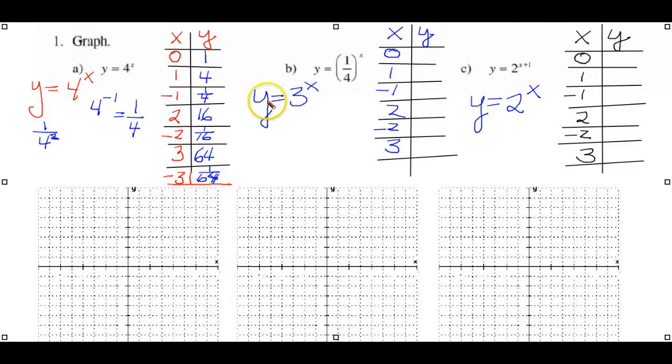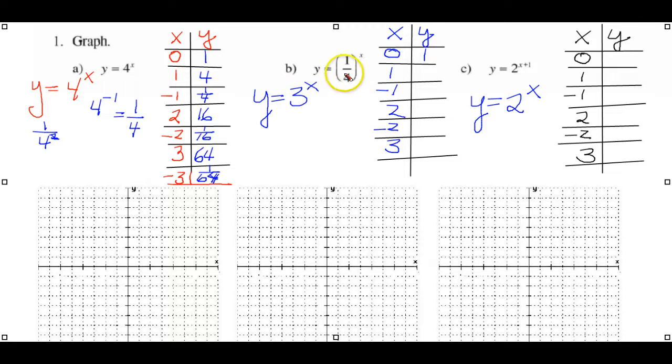Now in the function y equals 3 to the x power, we're going to fill this in, again using the same values. So 3 to the 0 power is 1. Anything to the 0 power is 1.